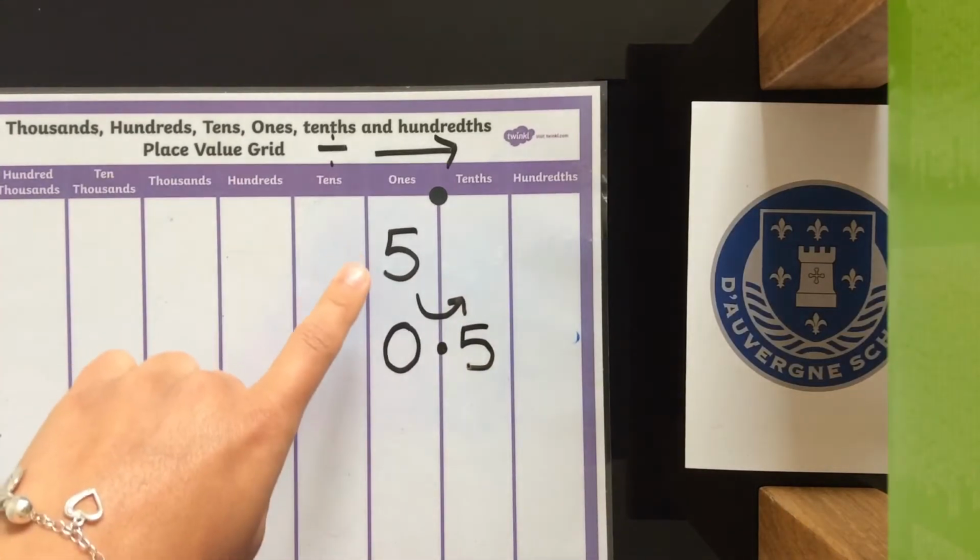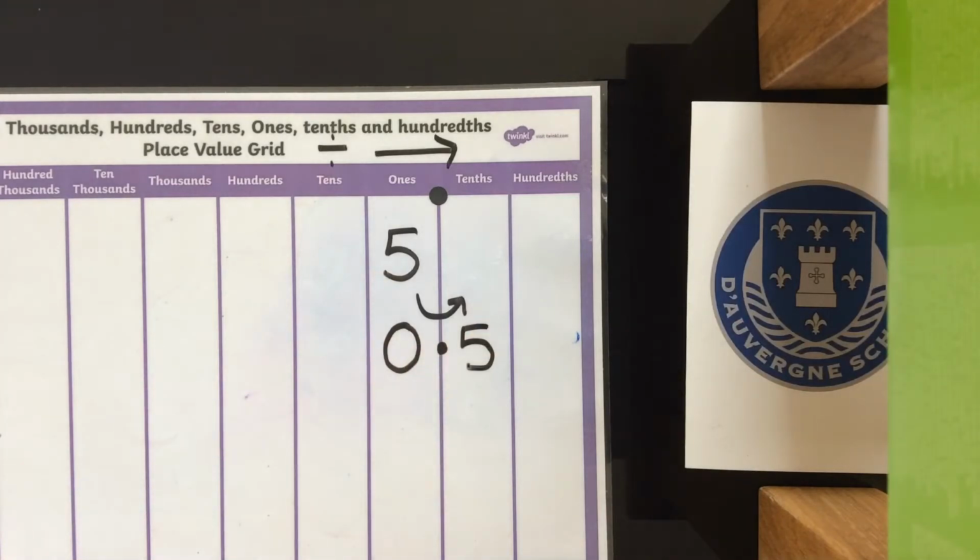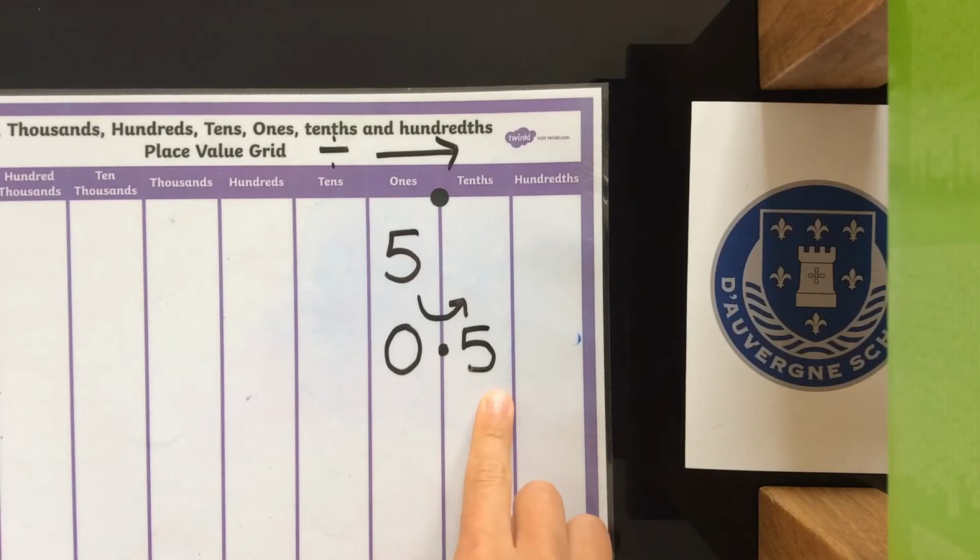Okay, so 5 divided by 10, we move it back 1 space to give us 0.5. So when a whole number is divided by 10, the digit remains the same, but its place value changes from 1s to 10ths.